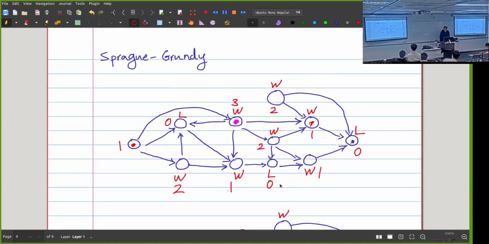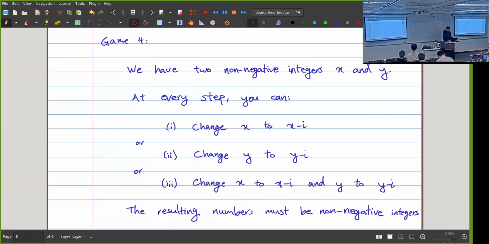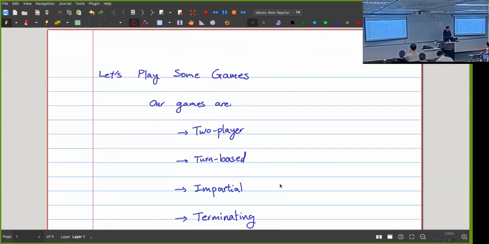And this is called the Sprague-Grundy theorem. So Sprague-Grundy says that any game is equivalent to a game of NIM. And of course, any game of NIM is equivalent to a game of NIM with only one number, because you can just take the XOR of all numbers. So any game is equivalent to a game of NIM with just one number, okay?